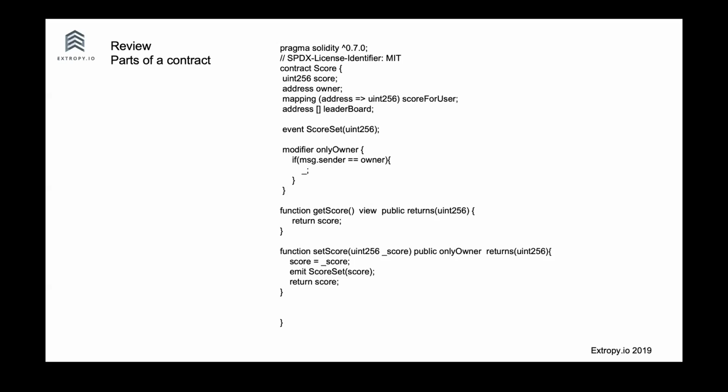I think it is useful, when you're choosing the public, external, internal or private keywords to modify your functions, to be as restrictive as you possibly can to begin with. If you have to be more permissive later on, then change it, but try and limit it as much as possible, just to make sure that you're not introducing any vulnerabilities that way.